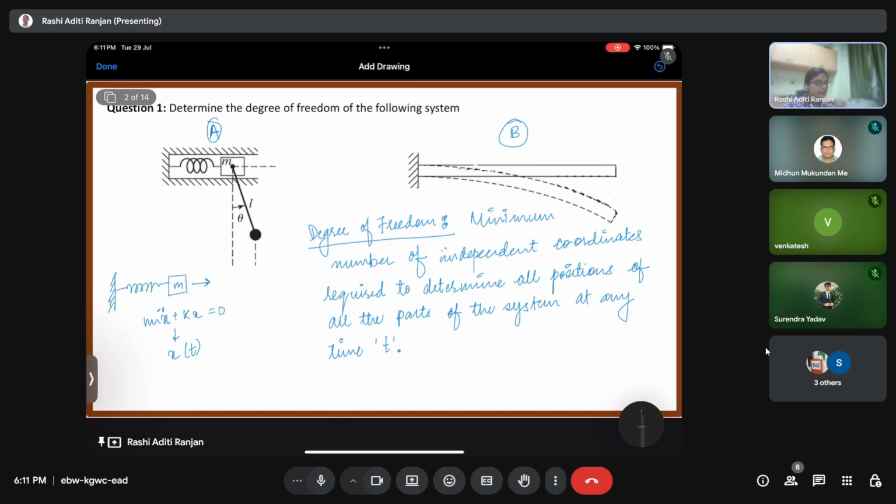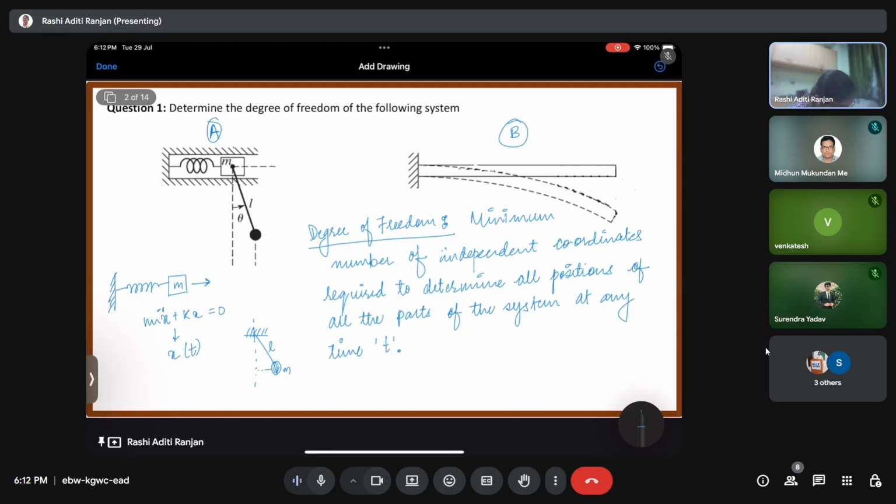If I talk about a pendulum of mass m like this, it is actually moving in the xy plane. So we'll think that if it is moving in the xy plane, we need an x coordinate and a y coordinate, and only then can we say what the position of the system is. But that is not true in this case, because we have a relation, this L.